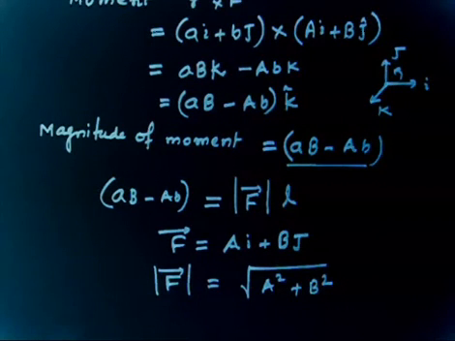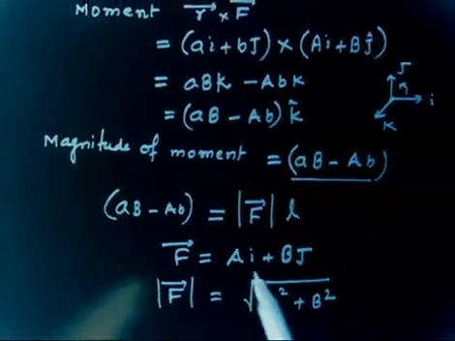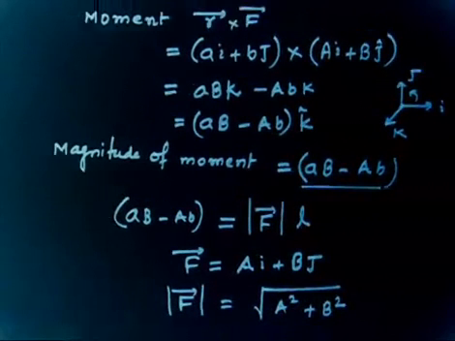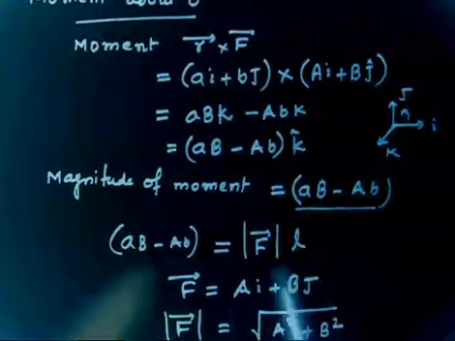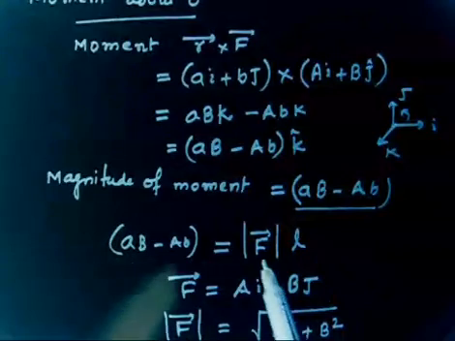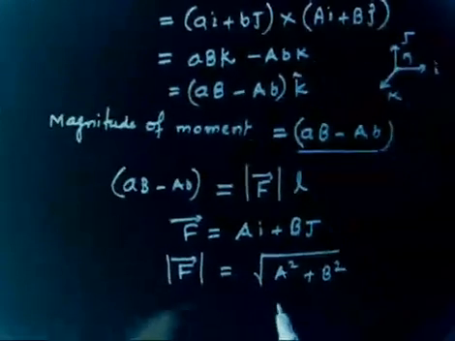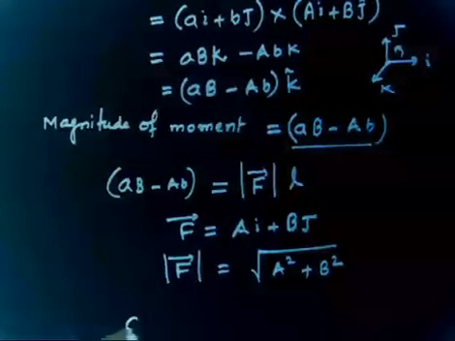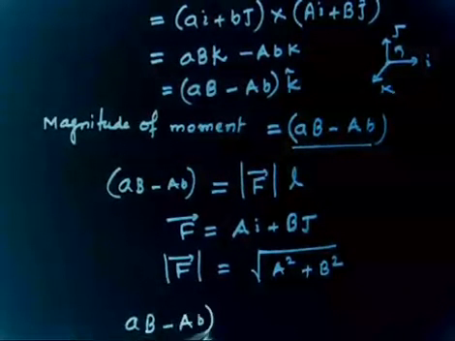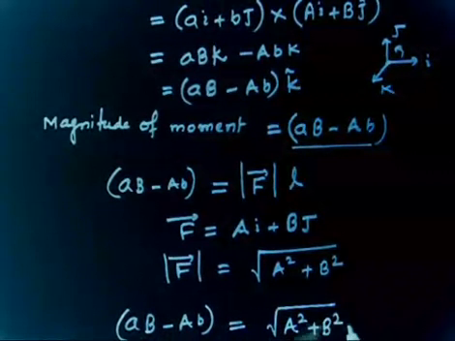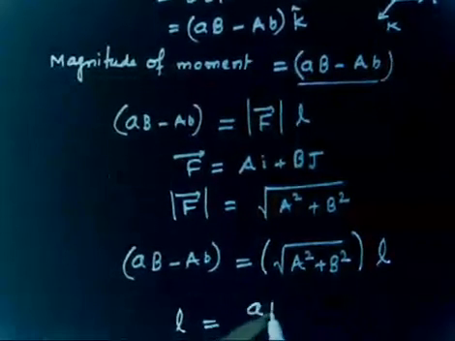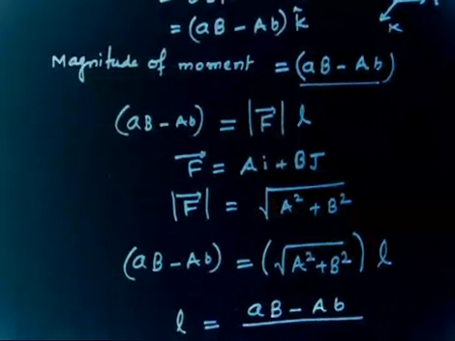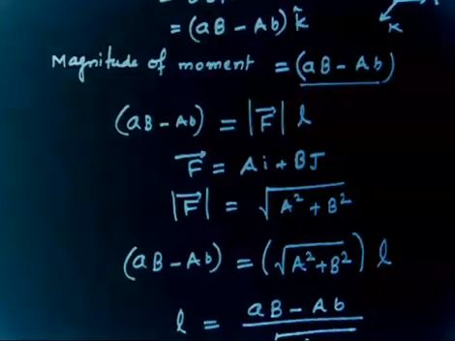Now you see, this is the magnitude of moment. I can also write the moment as force into distance. I have to find the perpendicular distance, this L. I know the value of moment and the magnitude of force, so I can find the lever arm. So aB minus bA is equal to the magnitude of force, square root of A square plus B square, into the lever arm L. So the lever arm is equal to aB minus bA divided by the square root of A square plus B square.